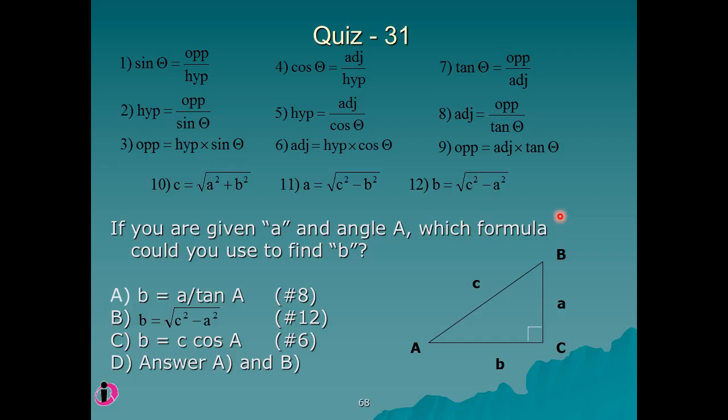Now, for an example here, you are given a small a and angle A. Now you are looking for angle B. Which might be the best one from the list? So you are looking for B, right? So B is isolated.